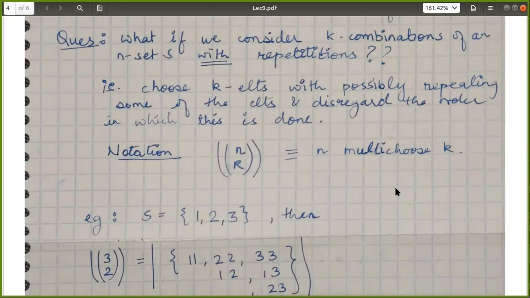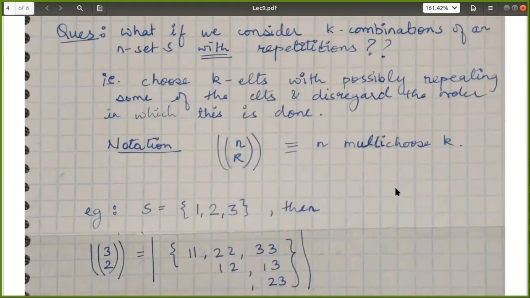Okay. Now you have enough idea. Can you please compute 3 multi-choose 3? This one is 10. It would be helpful for you to locate any missing pieces if you follow chronological order.